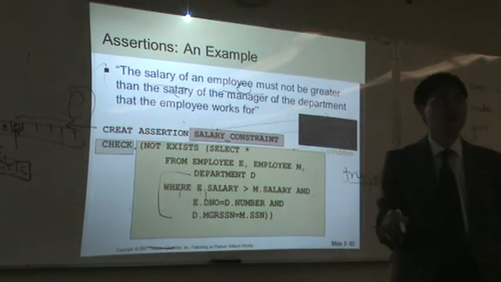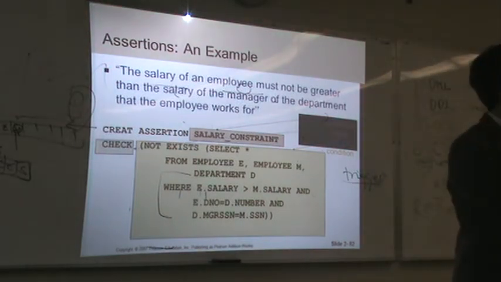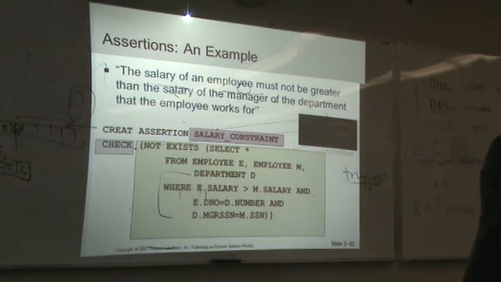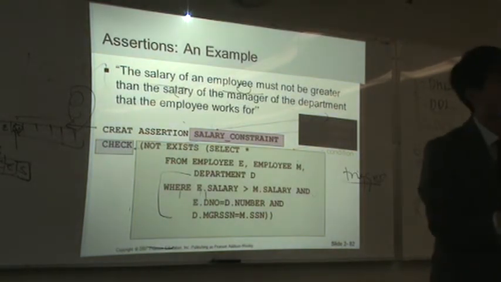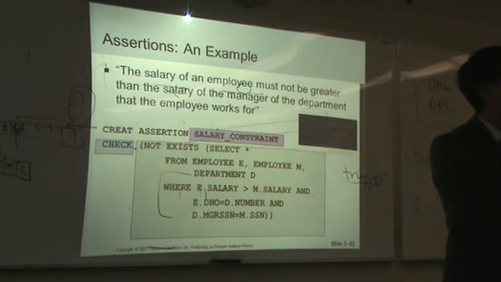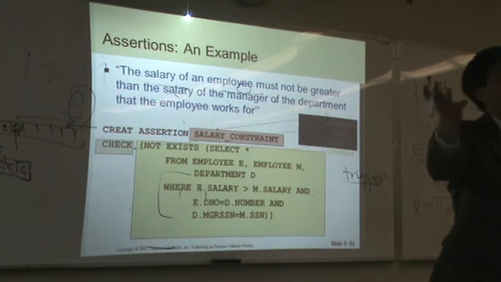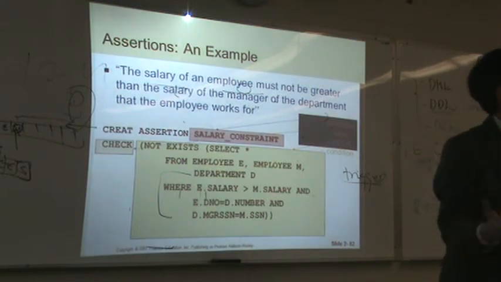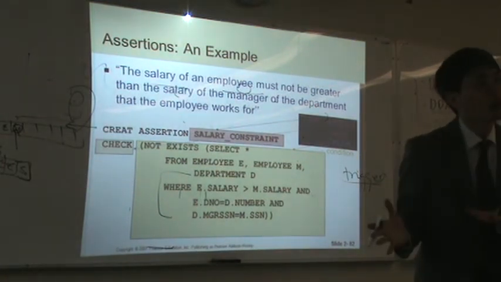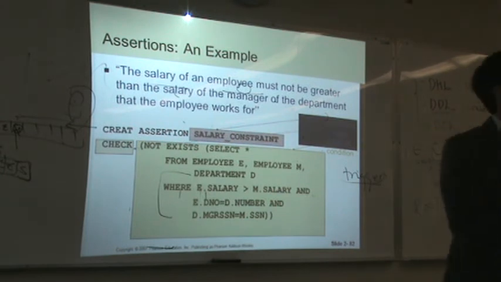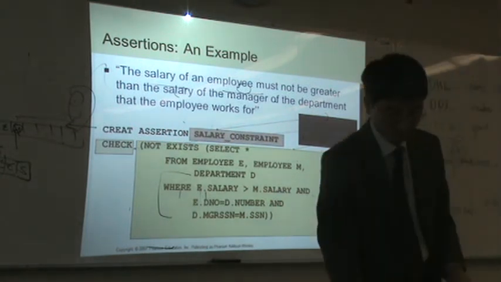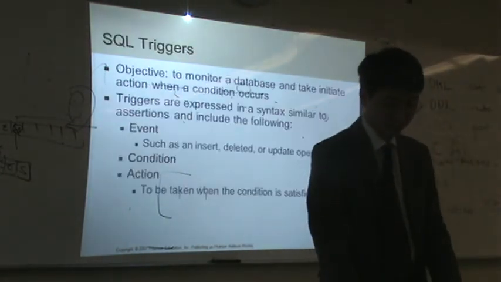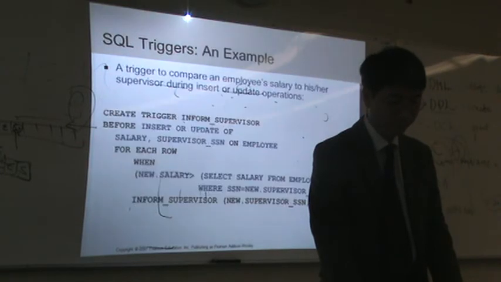Trigger means this kind of a bang, like that. Something happened, which means the new data is inserted, that is the event. Check whether their salary is higher than CEO. If yes, do something, like the logging or revoke or the copy or reduce, cut, you can do anything. That's the trigger.